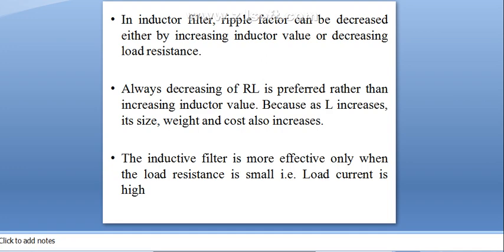If the inductor value increases, the ripple factor decreases, but the size, weight and cost of the circuit also increase. So that's why here we are going to decrease the RL.